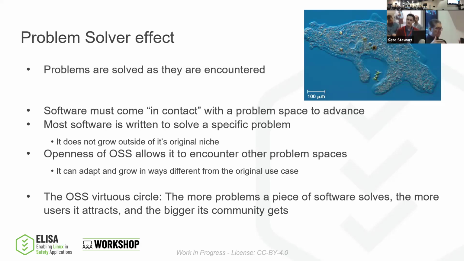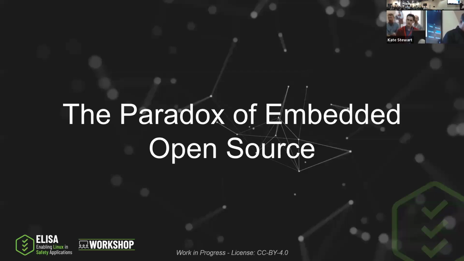The more problem spaces that a piece of software solves, the more users it attracts and the bigger its community gets. Okay, so over time, it's like the blob is slowly absorbing more and more things. And that is a fundamental attribute of open source, that it solves more problems than the original author intended.